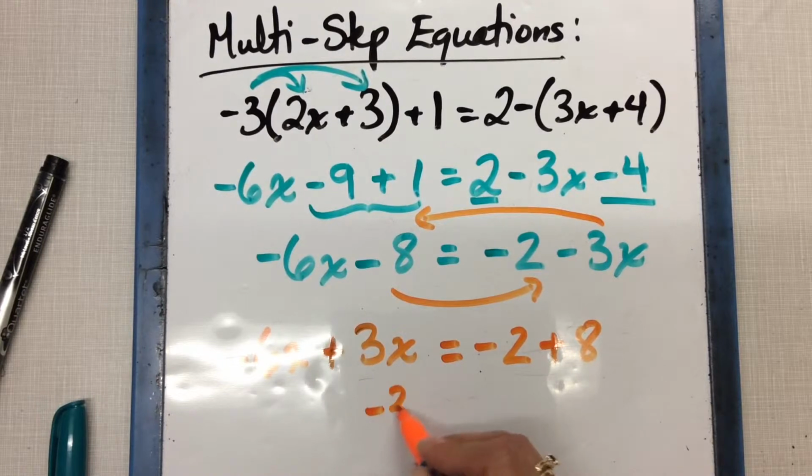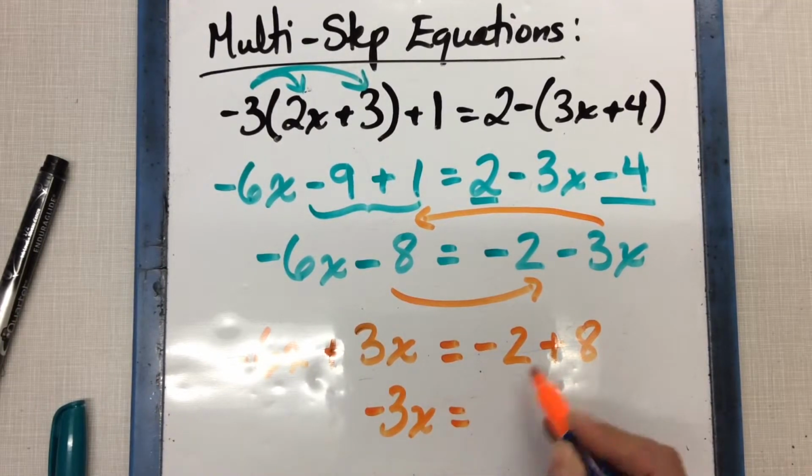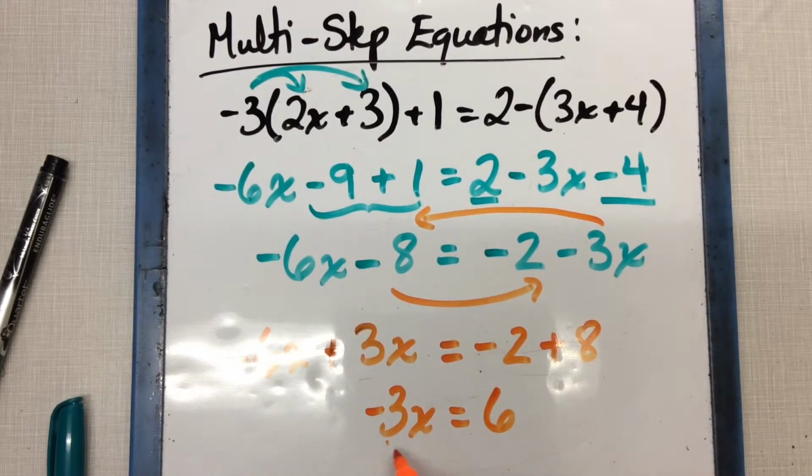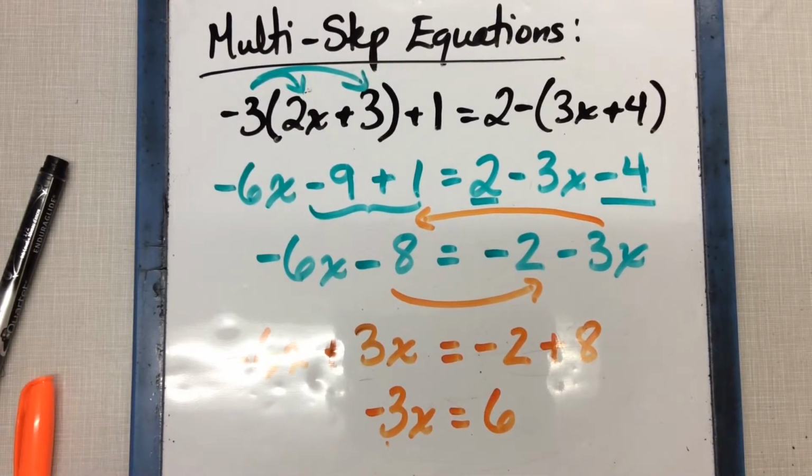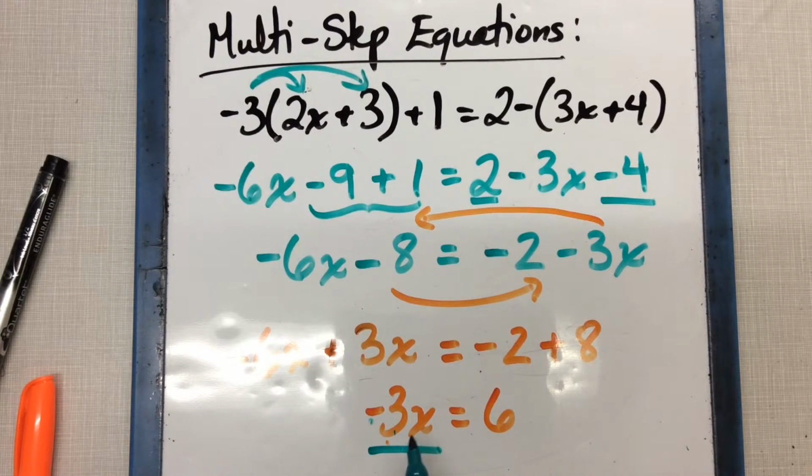This results with negative 3x, and this results with 6. Now to isolate, I'm going to divide by negative 3. If there's a negative in front of a number and your variable, you must divide by that negative number. So negative 3x over negative 3 is then equal to negative 2.